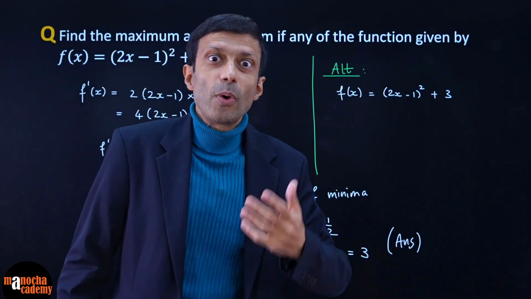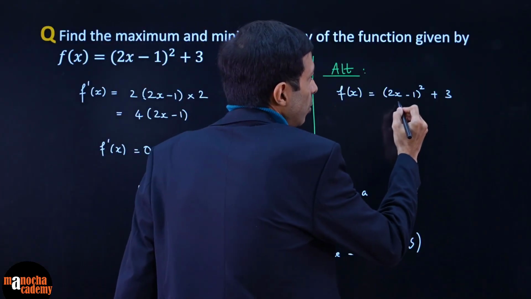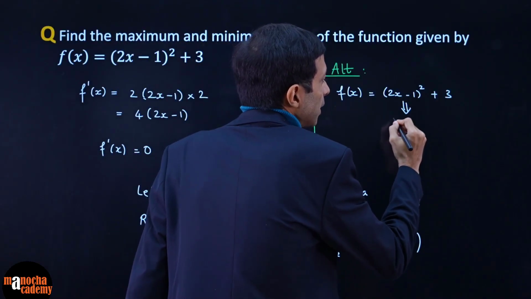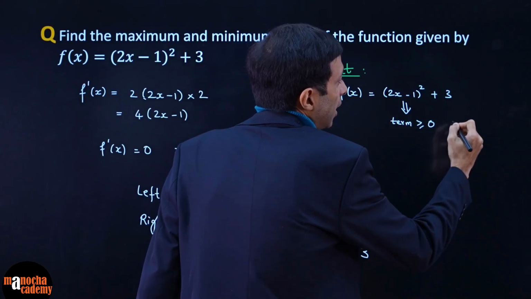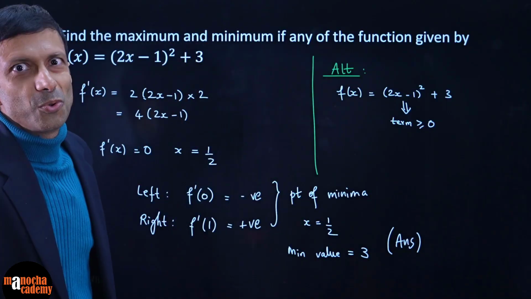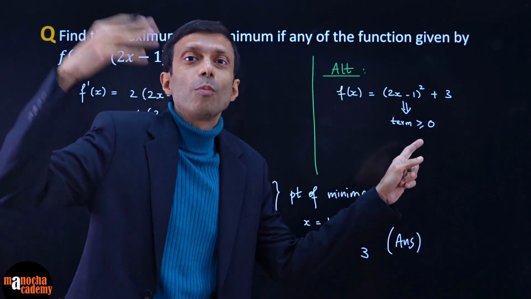The square of a number is always greater than or equal to 0. This term is always greater than or equal to 0, and then you are adding 3 to that. So what is the lowest possible value of this term? 0, or more than 0.